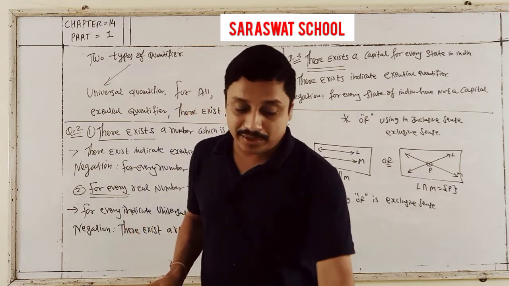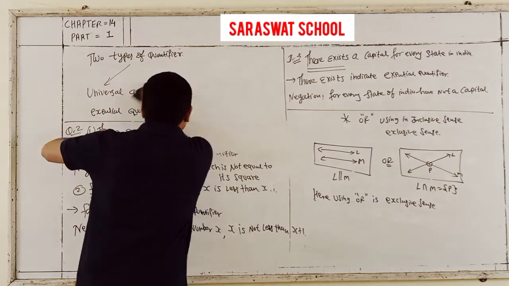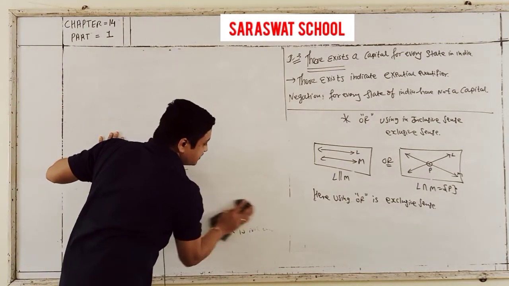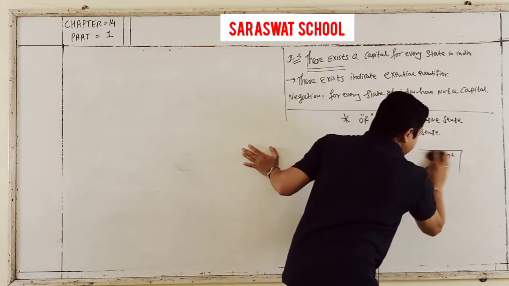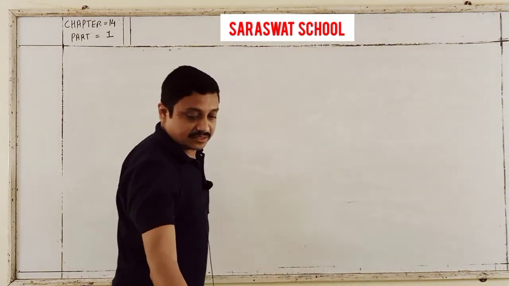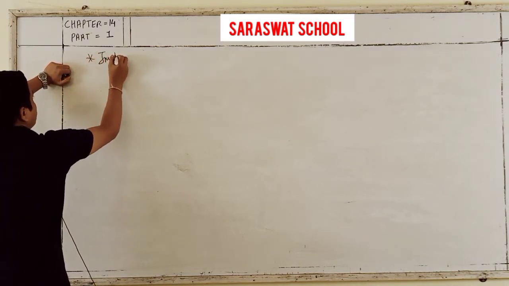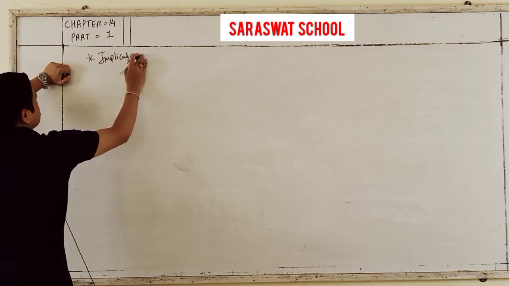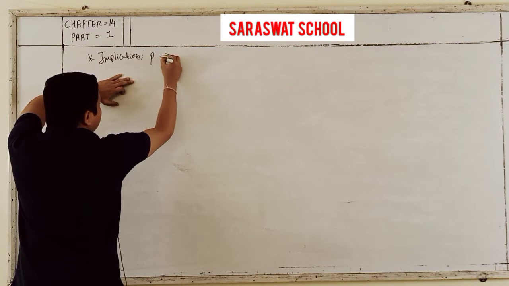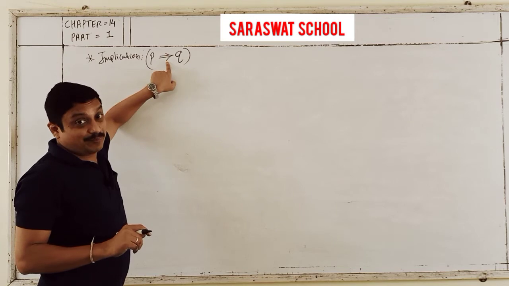Now I go to a new topic, and one of the biggest topics: implications. Here our half chapter is done, and the other half chapter now starts, in a simple way, with implications. So, new topic: implication. Implication means, students, statement P implies Q. This is the correct meaning of implication.